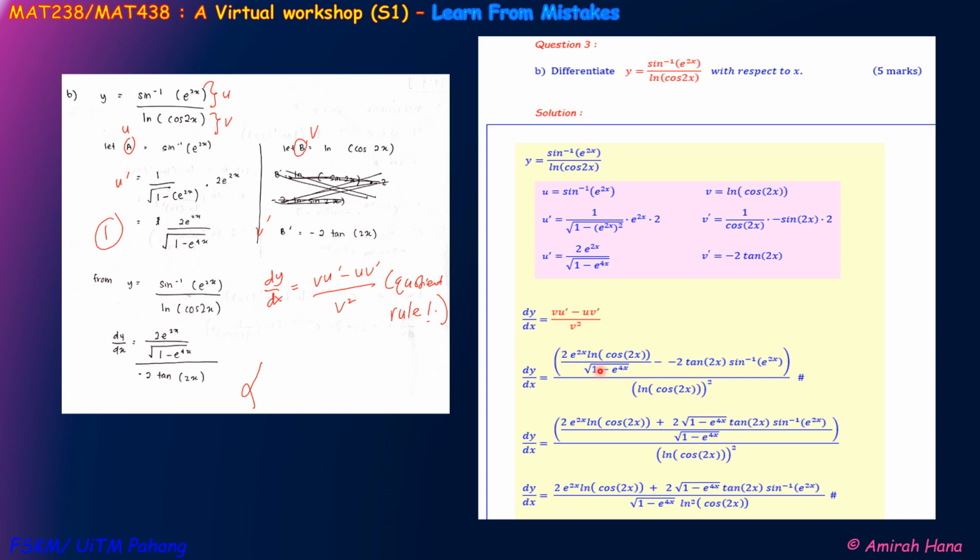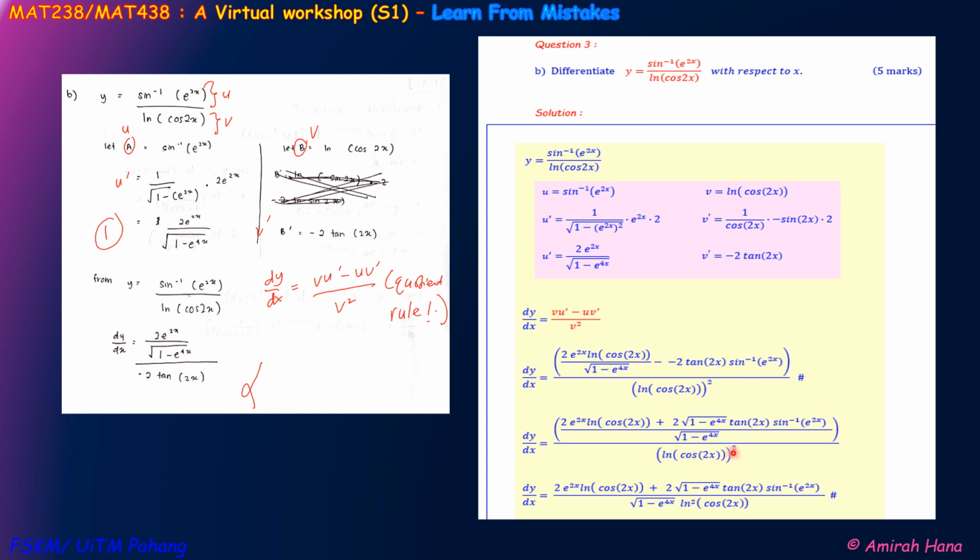And then saya darabkan dengan ni. So, jadi square root 1 minus e 4x. And then masih lagi ada tangent 2x inverse sin 2x. Okay, semua sekali tadi per dengan square root 1 minus e to the 4x squared. Kita ada fraction within fraction, so better put bracket. Okay, and then over ln cos 2x bracket squared.